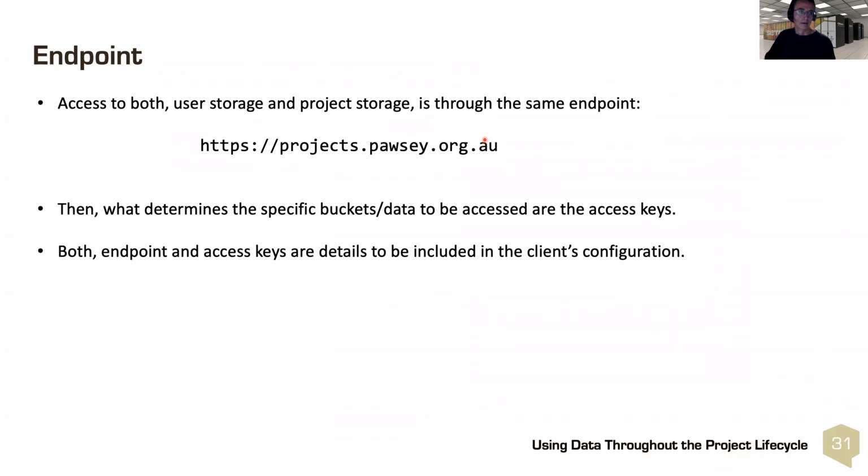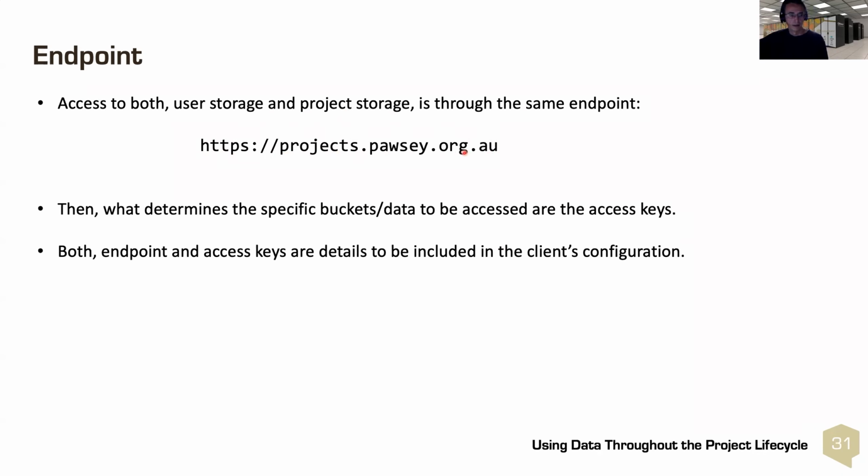Okay, so that is indicated in the instructions I told you about, when you click that specific point in the pop-up window of the access keys. There you will see that the way of accessing Acacia, what is called the endpoint of Acacia, is https://projects.pawsey.org.au.